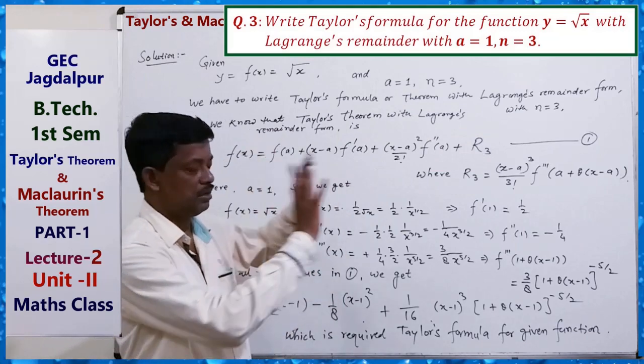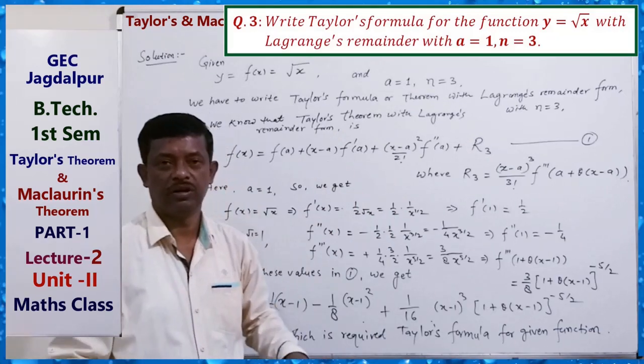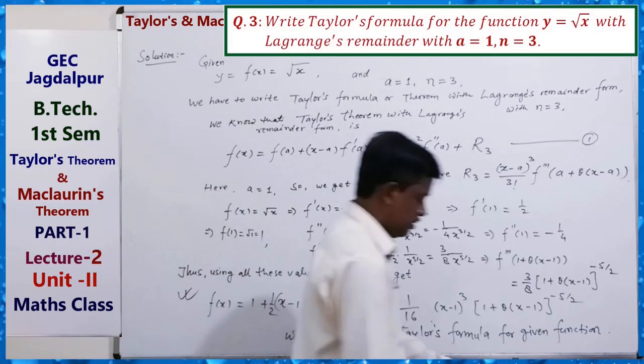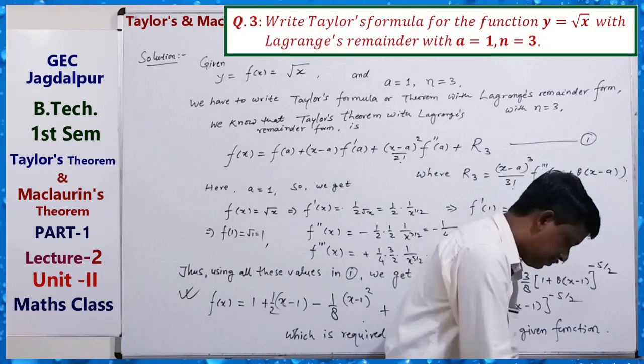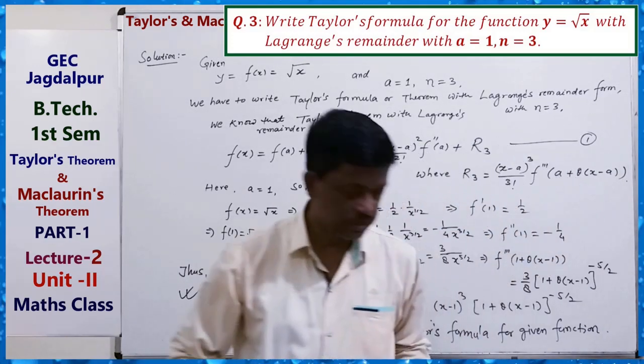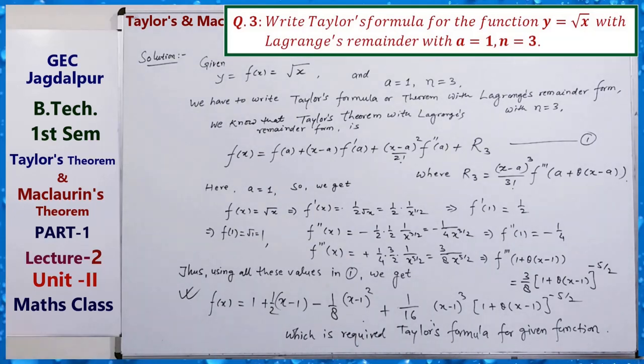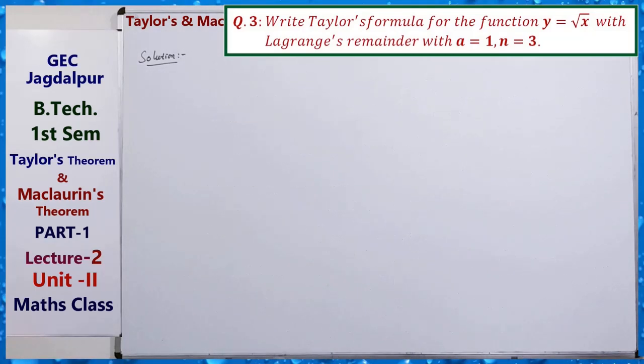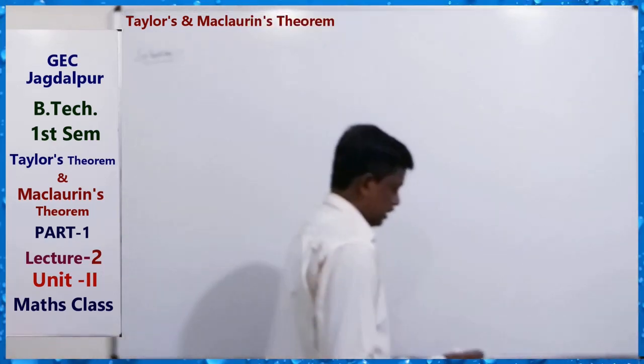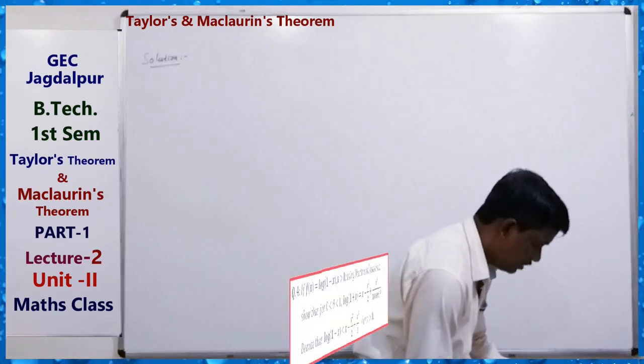That is the Taylor's formula, Maclaurin formula. Okay. Now take another question, just like this.